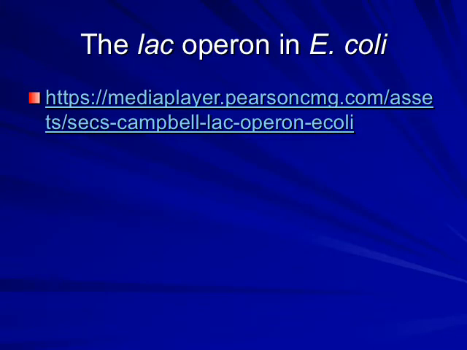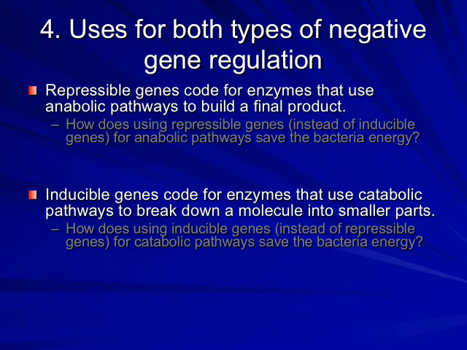So here's an animation that might help you understand it a little bit better. Now, the uses for both types of negative gene regulation, and remember, we're talking about repressible and inducible operons in this case.